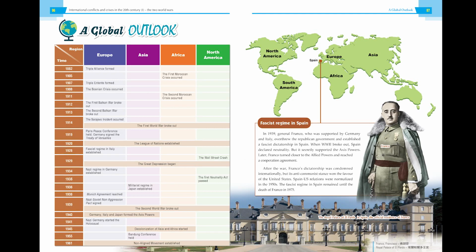Later, Franco turned closer to the Allied powers and reached a cooperation agreement. After the war, Franco's dictatorship was condemned internationally, but its anti-communist stance won the favor of the United States. Spain-US relations were normalized in the 1950s. The fascist regime in Spain remained until the death of Franco in 1975.